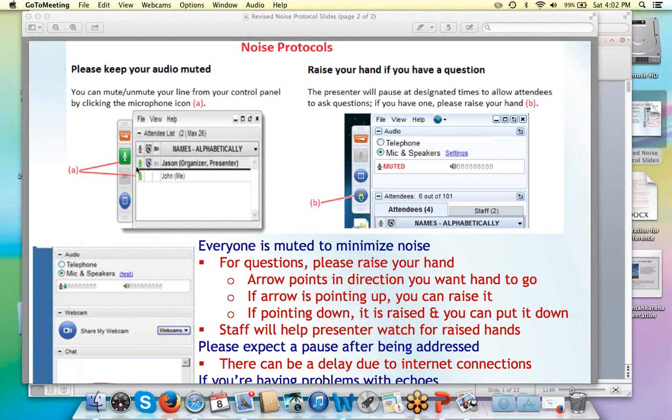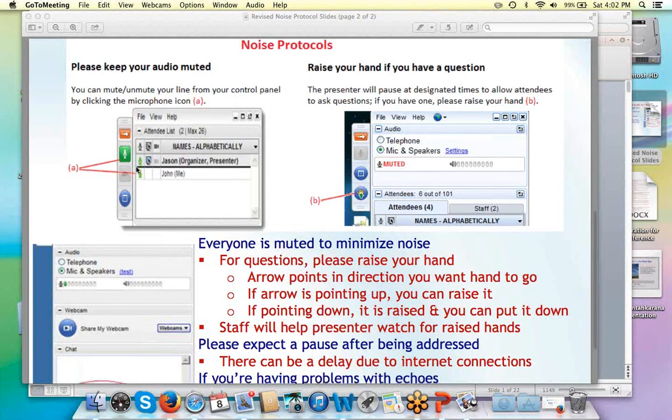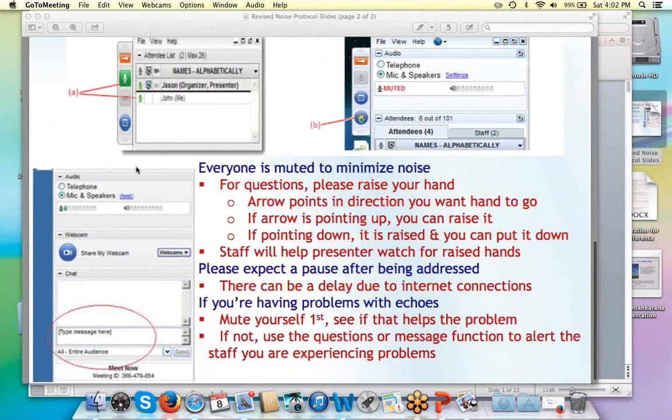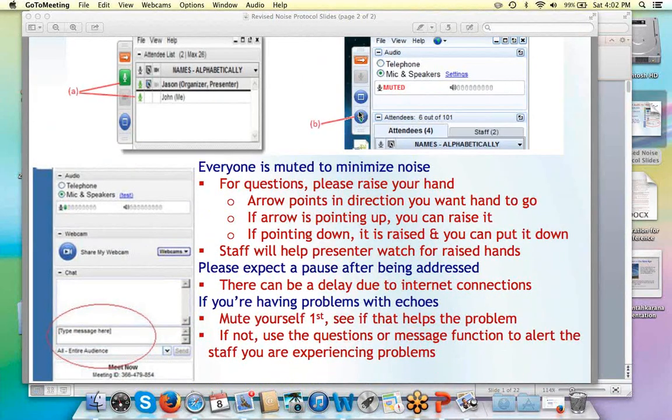As a result, the way the system here works, it's like being in a class, and one can raise their hand. So you have this button here, which is for raising your hand. There's a hand there, and there's an arrow. The arrow points in the direction you want the hand to go. So if the arrow is down, that means you're off, you're not on. And if the arrow is up, it gives us an idea that your hand is raised, and we will call upon you.